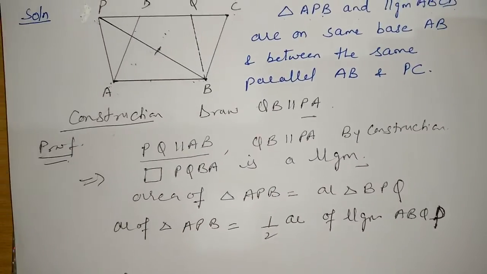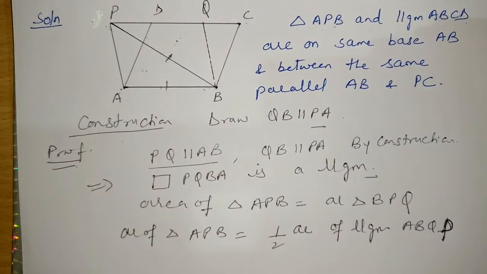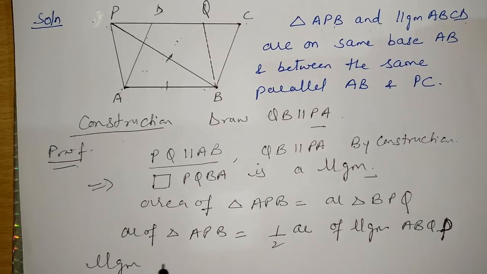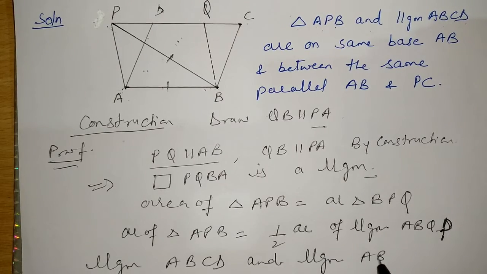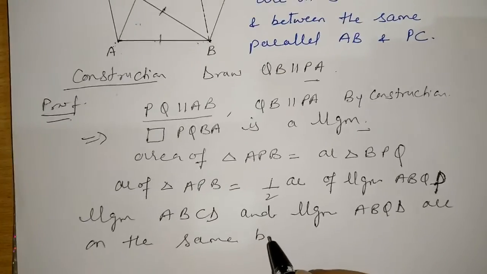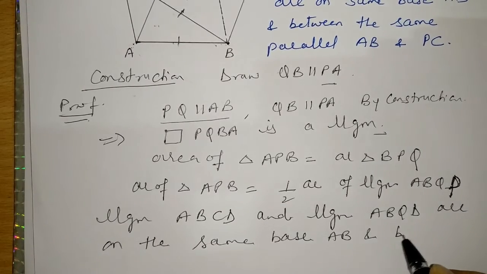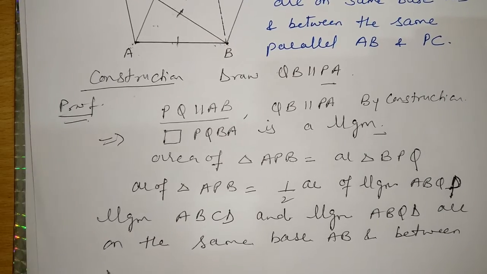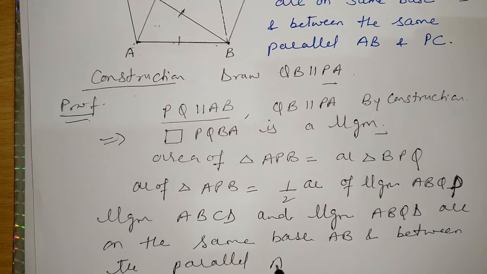Now the thing is, we need to identify the parallelograms which are on the same base and between the same parallels. Here parallelogram ABCD and parallelogram ABQP are on the same base AB, and between the same parallels AB and PC.